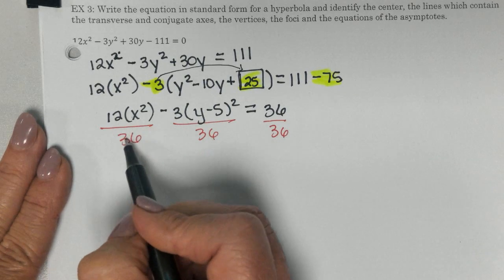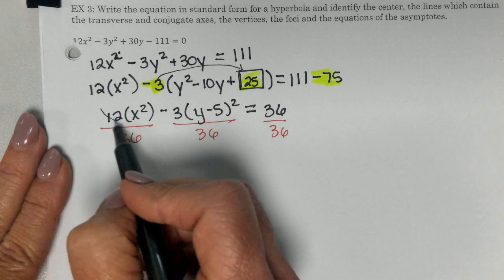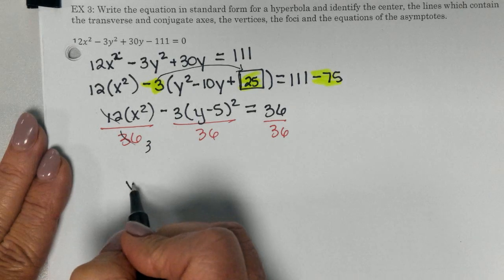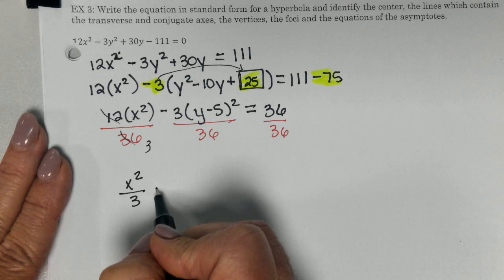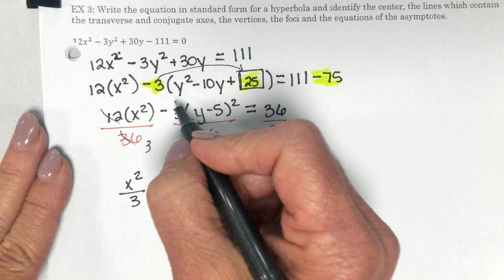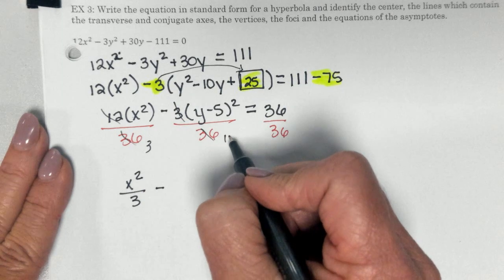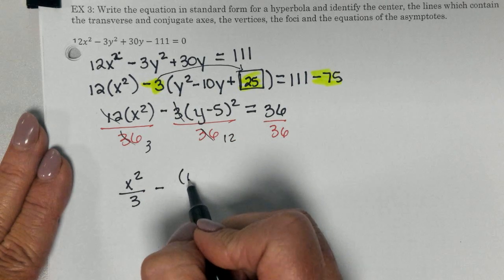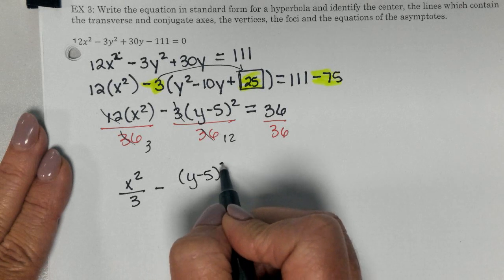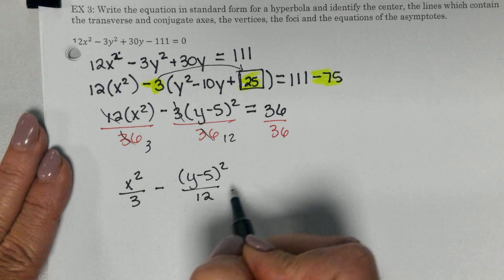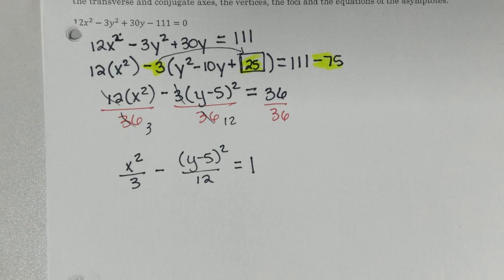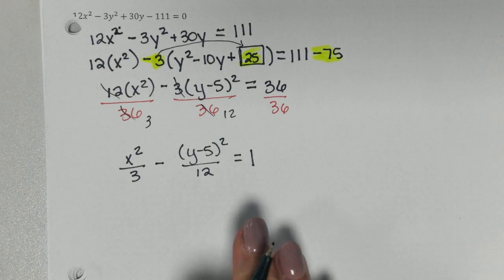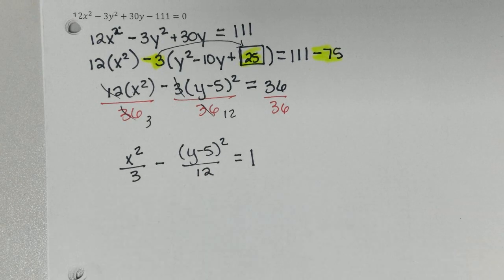On this side, 12 goes into 36 3 times, so that's x squared divided by 3, minus 3 goes into 36 12 times, so you have y minus 5 in parentheses squared over 12 equals 1. And then from this, you will get the information that we need.